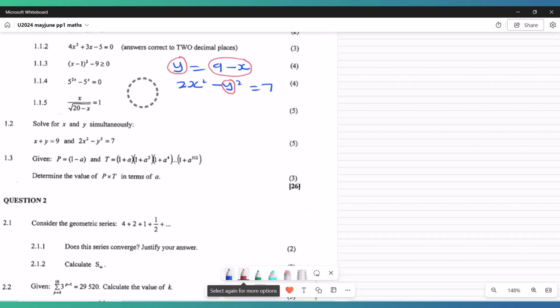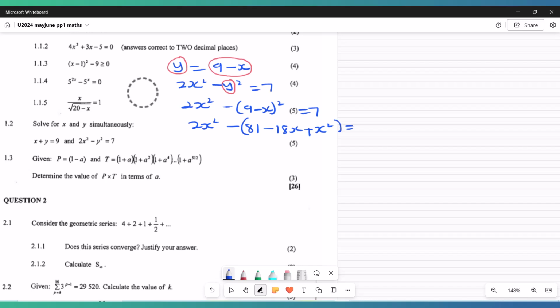So I'm going to say that now I have 2x squared minus open brackets 9 minus x bracket squared equals 7. So I'm going to have 2x squared here, minus 81 here, then minus 18x, then plus x squared, and then close bracket equals 7.